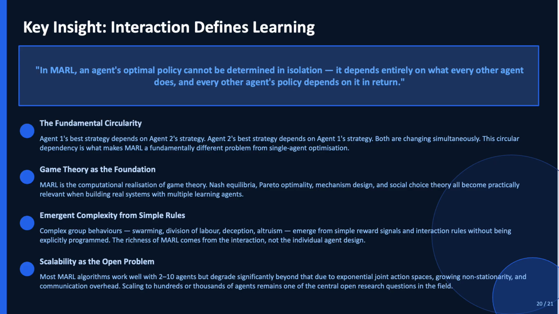This makes MARL a moving target in a precise sense. The optimal policy at any moment depends on the current policies of all other agents, which are themselves moving targets.